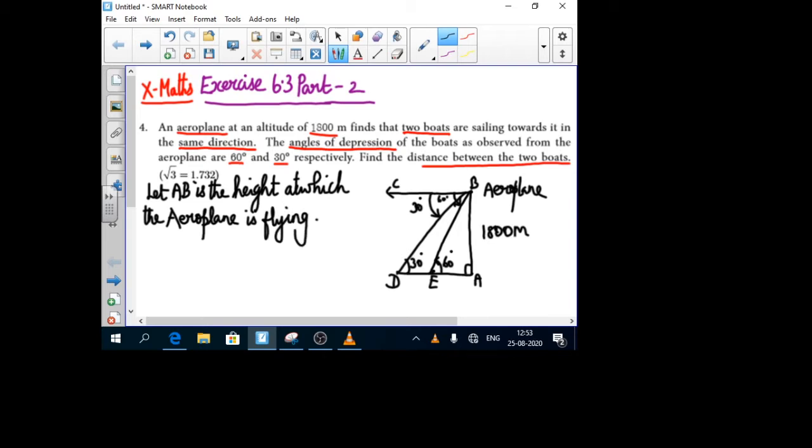Next, let D and E be the positions of two boats.